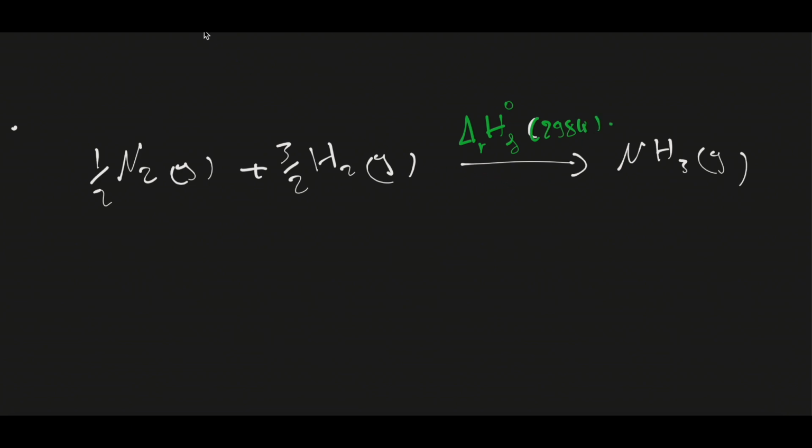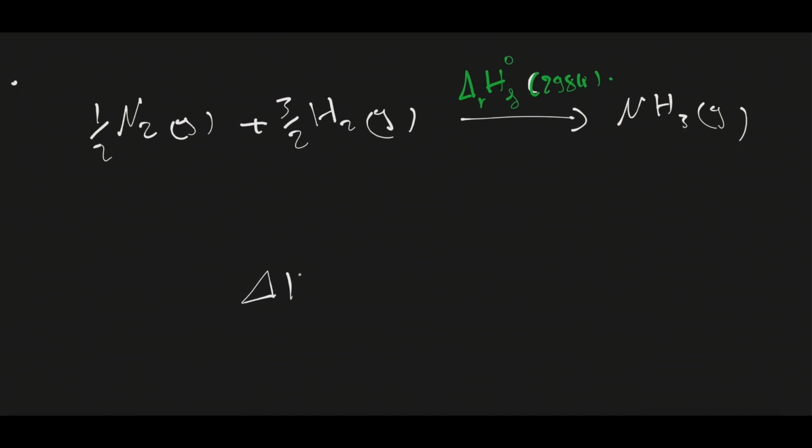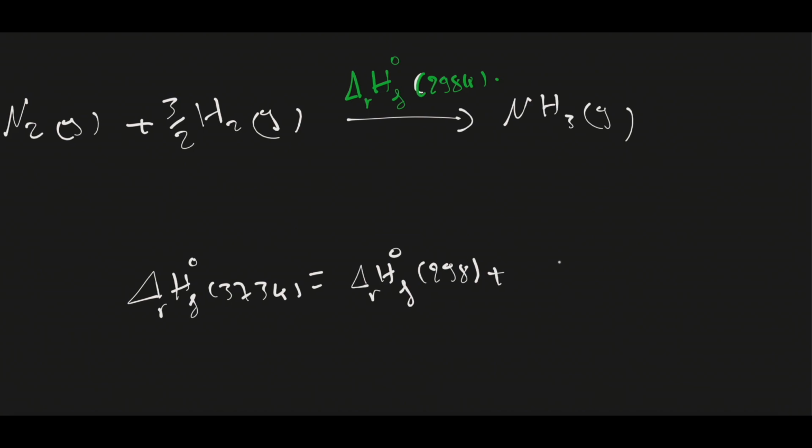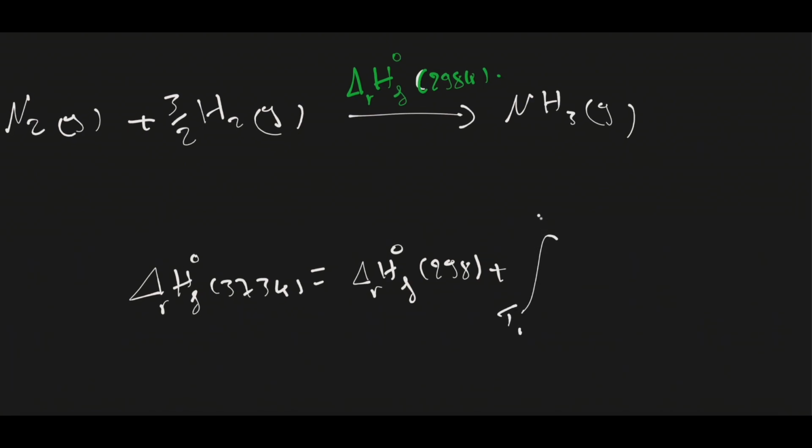So we need to apply the Kirchhoff law, which says that the standard enthalpy of formation of NH3 at 373 K is equal to the standard enthalpy of formation at 298 Kelvin plus the integral between T1 and T2 of delta Cp dT.